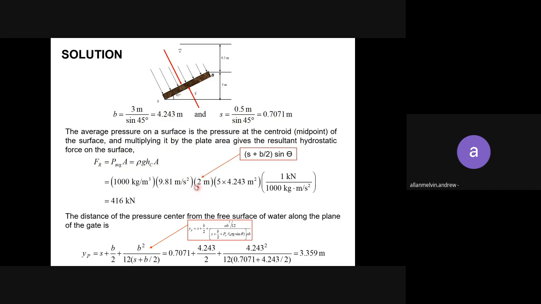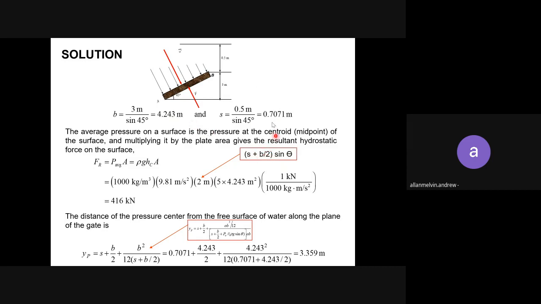How do we get this 2 meters? From this formula: S plus b over 2, times sin theta. Since there's an angle, you need to consider the angle. S is 0.7071 plus 4.243 divided by 2, that is your b over 2.